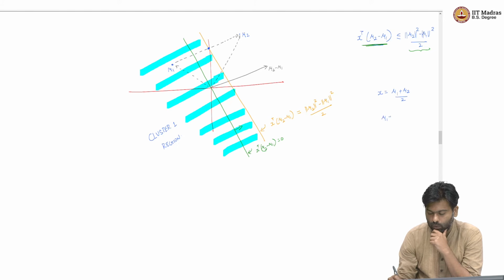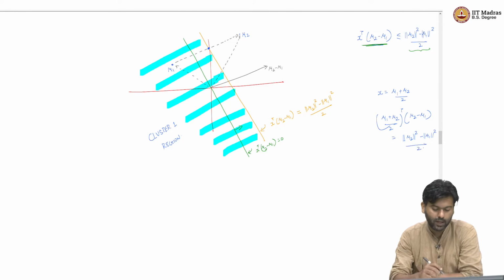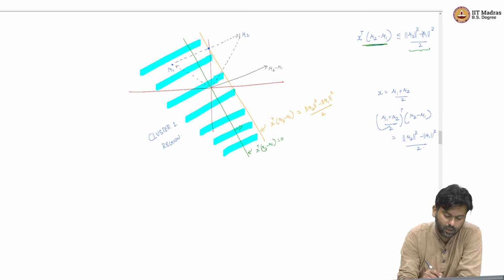Now then (mu1 plus mu2) by 2 transpose (mu2 minus mu1), you can verify, will equal (norm mu2 squared minus norm mu1 squared) by 2, which means that the average of the means is actually here, right. So, the average of the means is exactly this point.